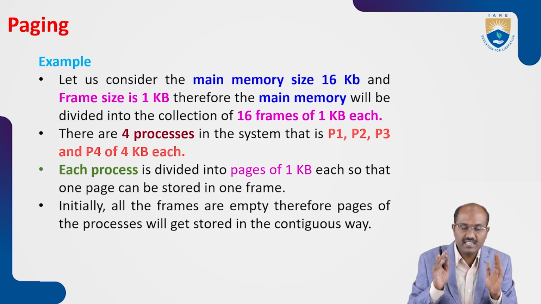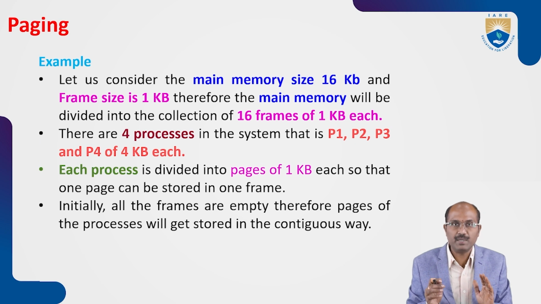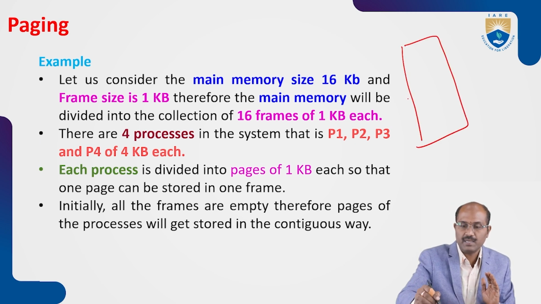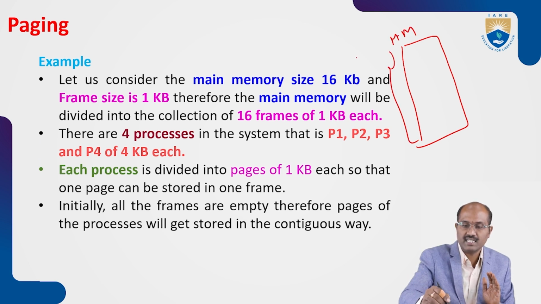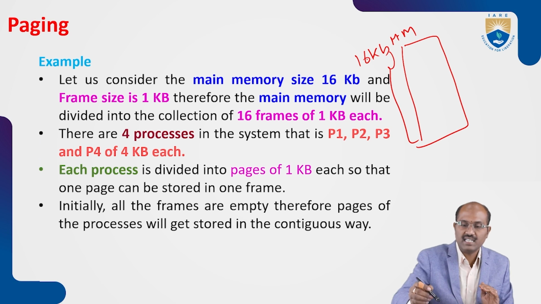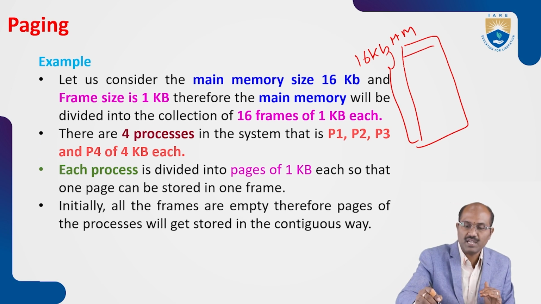Let us consider the main memory size as 16 KB. This is the main memory, and the entire size is 16 KB. The frame size is 1 KB, so each memory partition is 1 KB.